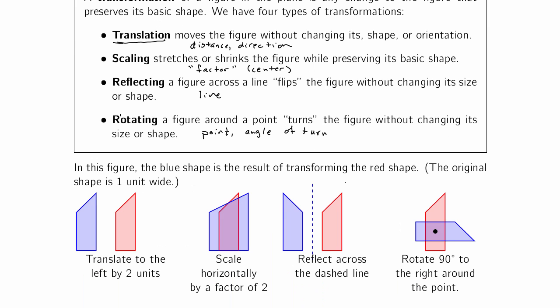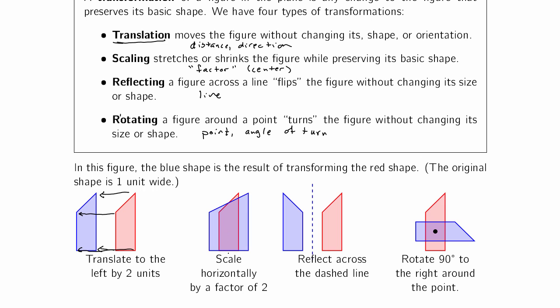So in this figure, we see what happens when we transform the red shape. Here we've translated the red shape 2 units to the left. And notice every point on the red shape has moved uniformly 2 units to the left.